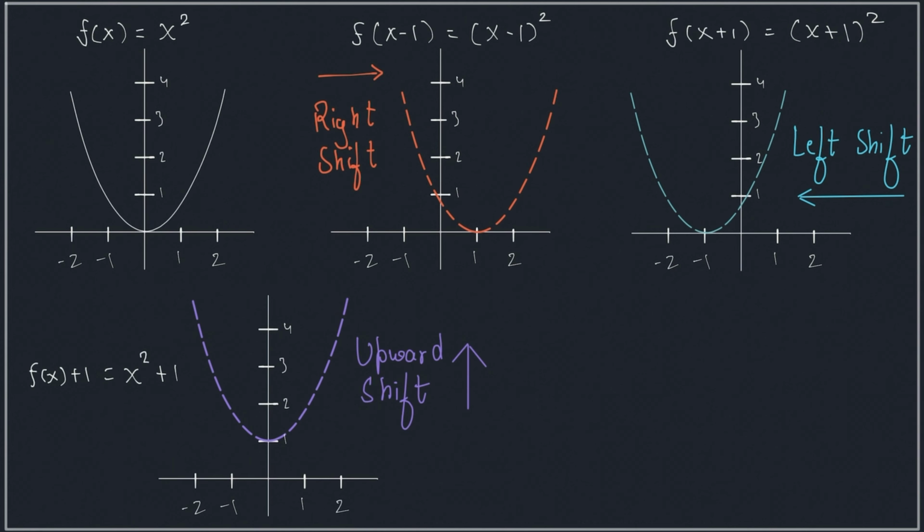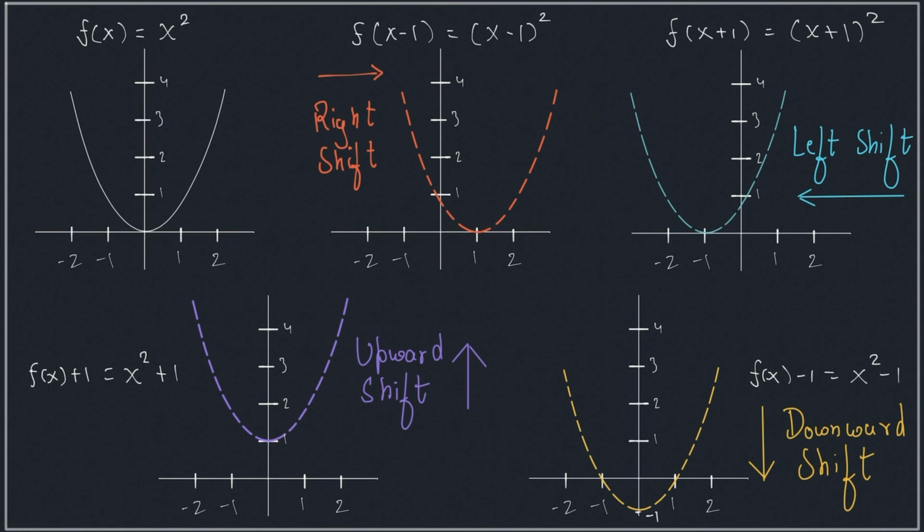If I want to cause an upward shift of 1 unit, then I need to add 1 to the entire function and not just to x itself. And my function will become x squared plus 1. Similarly, to cause a downward shift of 1 unit, we need to subtract 1 from the entire function. My function will look like x squared minus 1.